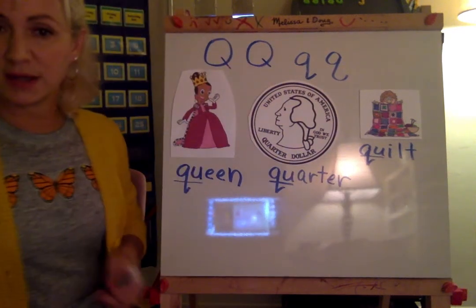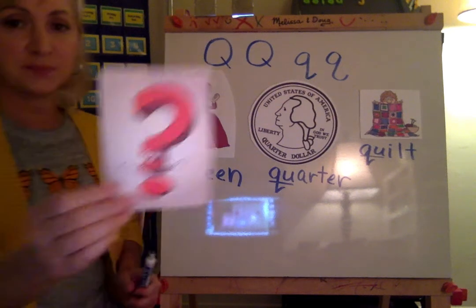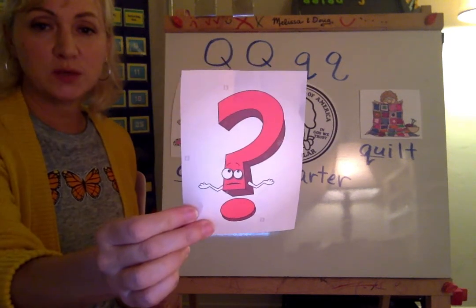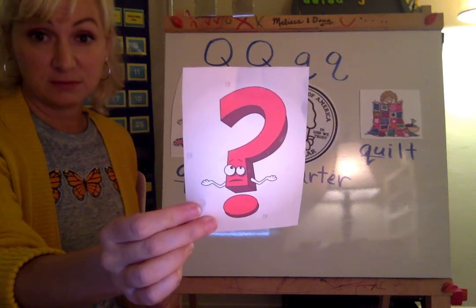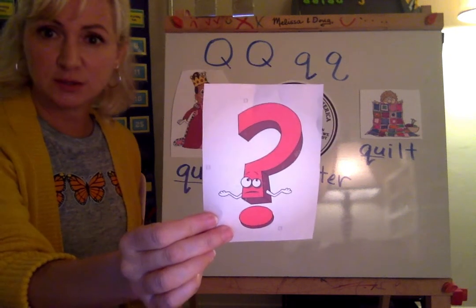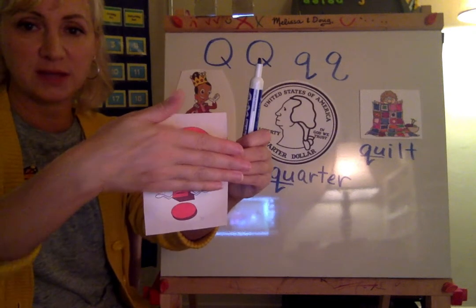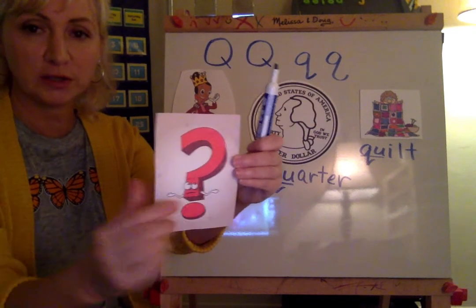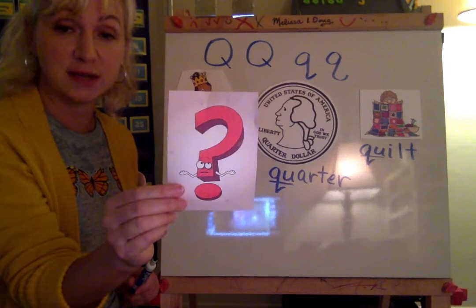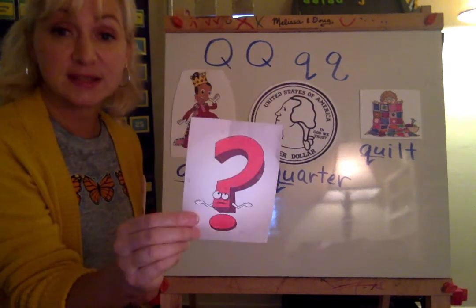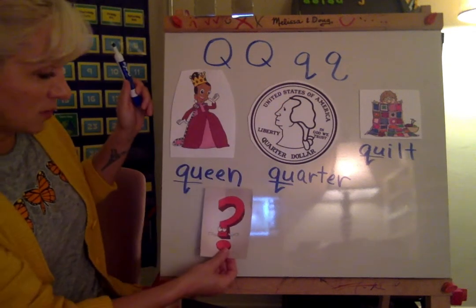All righty, I have another cool Q word. Now, this is something that we use at the end of if we were going to write a question. So if we were going to say, do you like school? We would put this at the end. Instead of just that period by itself, we add this little curly Q guy at the top, and this is called a question mark. And when you see this at the end of a sentence, then you know that sentence is asking you a question. Question mark.